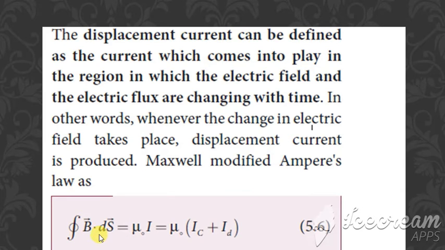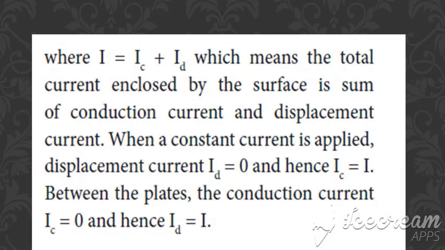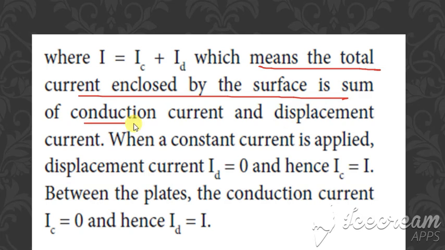So integration of B dot ds is equal to mu naught into I C plus I of D. Which means the total current is the sum of the conduction current I C and the displacement current.